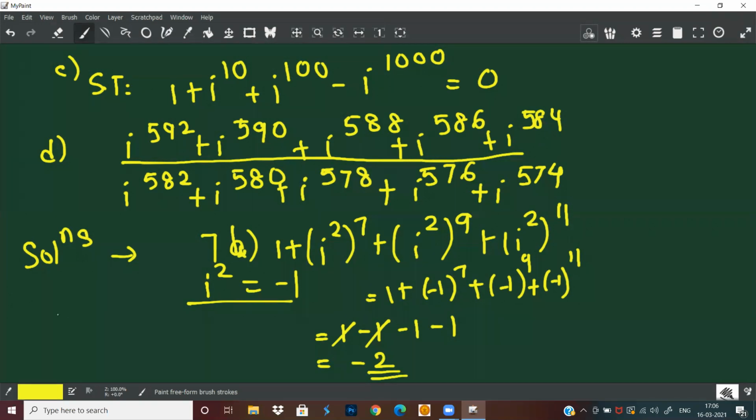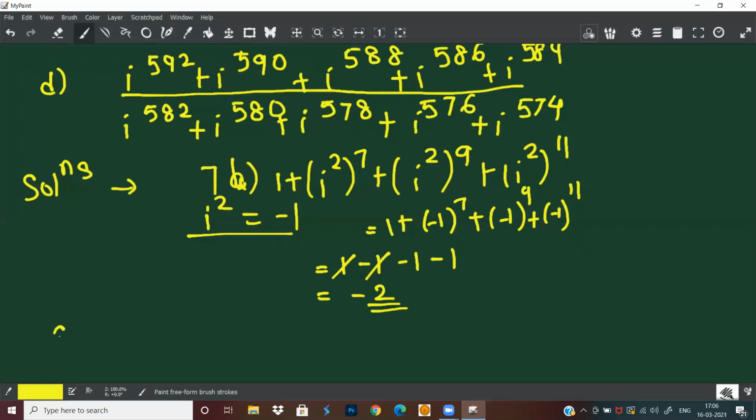अभी A दिखाना पड़ेगा ना मुझे. वन प्लस I square up to I raised to 20 है. इन शॉर्ट ये क्या है, I square है -1. देन I raised to 4 होगा, इसके आगे वाला दो का फर्क से है ना, करेक्ट?